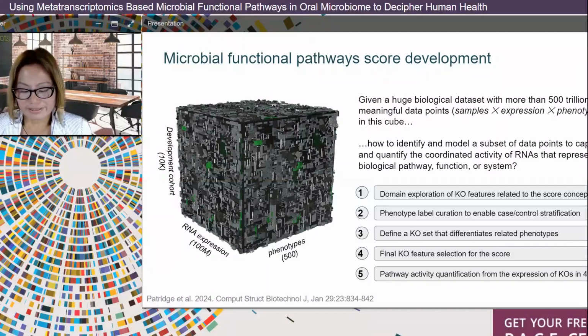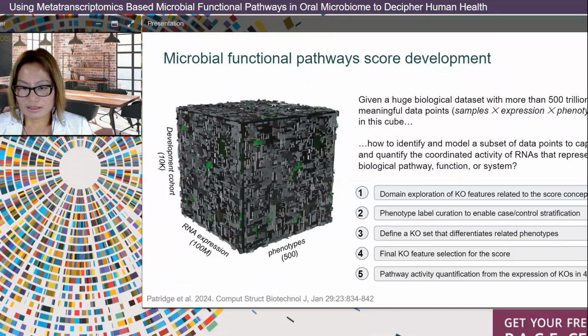So score development is a very iterative process. And I think this is a very helpful visual to put things into perspective. Imagine this super data cube, with each axis as a particular type of data. So we have the samples showing along the z-axis.